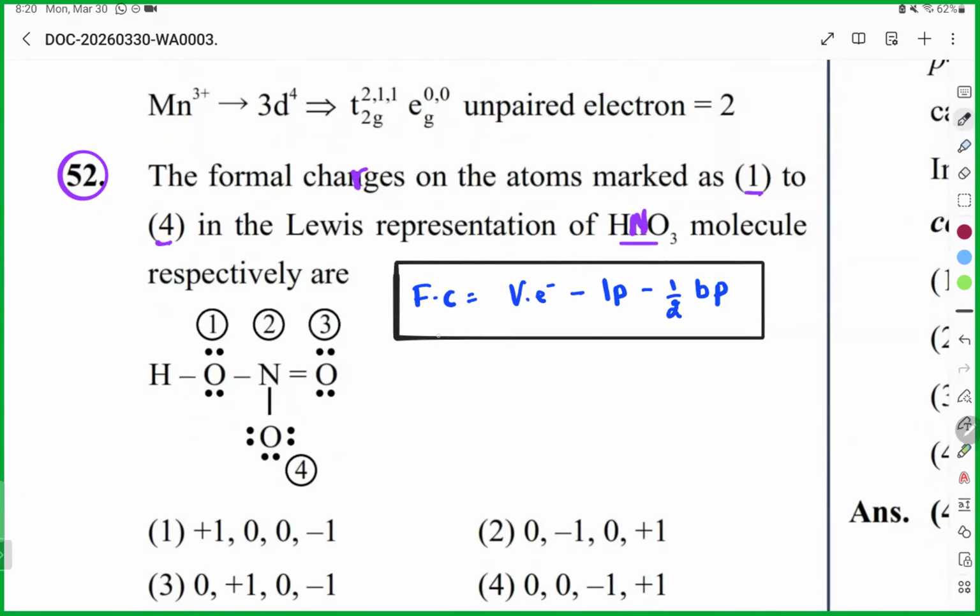For example, in case of oxygen, the total valence electrons are 6, lone pair electrons are 4, and bond pair electrons are 4, minus 1 by 2 of that. So what will be the charge on this oxygen? 0. So calculate like this and solve.